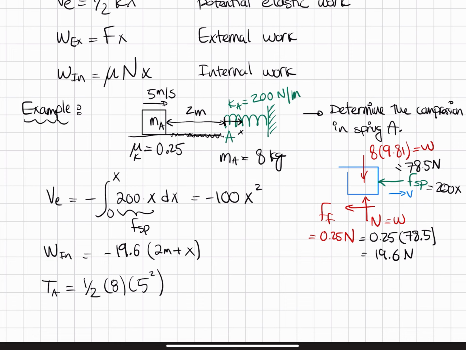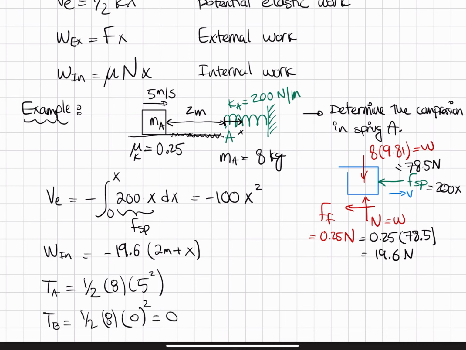Then I have my final kinetic energy, TB. It's 1/2, 8. My final velocity when it stops, when the compression is maximum, is 0, right? That's when the mass stops. So we have 0 squared. So this whole thing is 0.